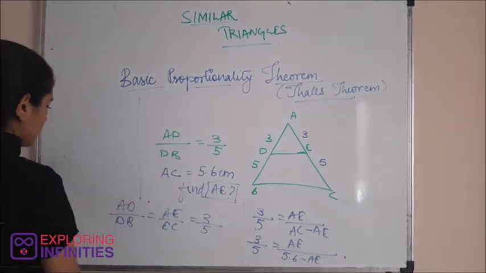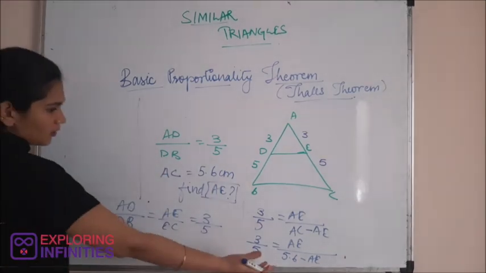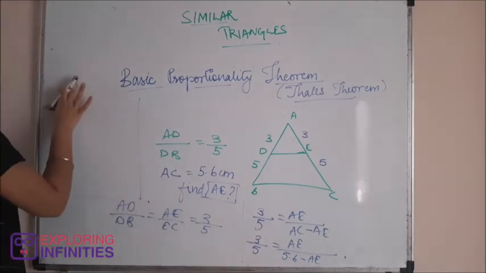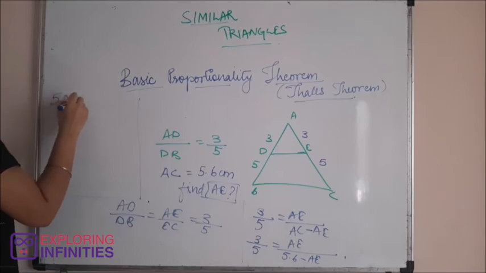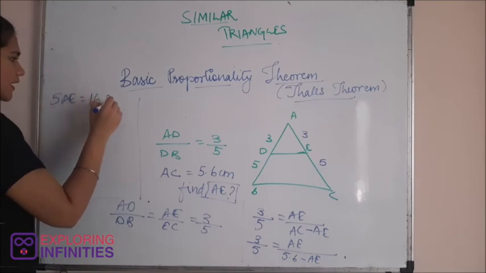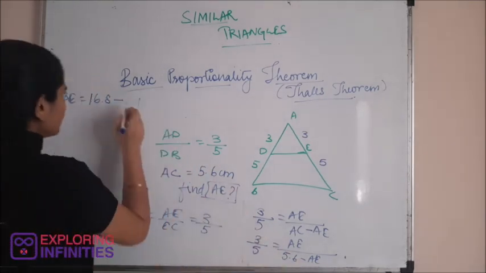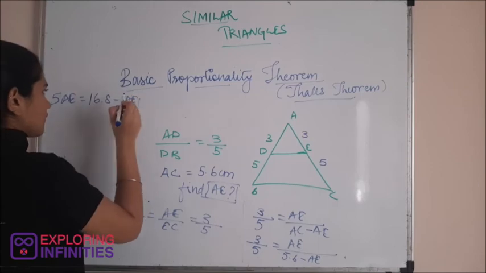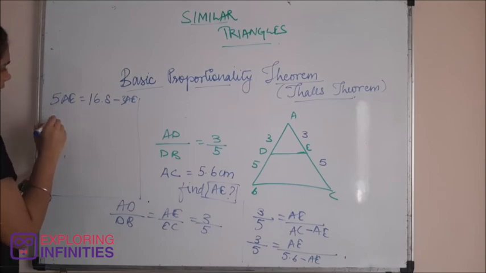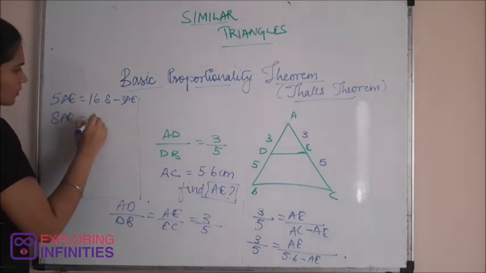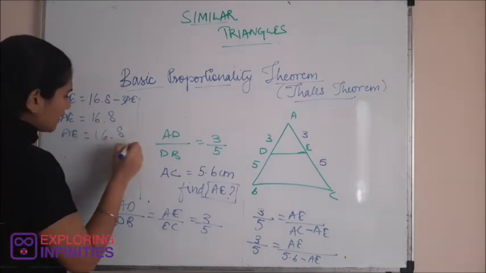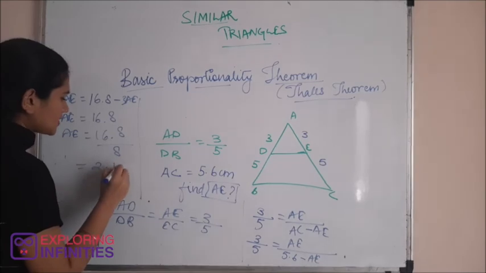If we cross multiply, then 5 AE equals 3 into 5.6, which is 16.8, minus 3 AE. If we take 3 AE this side, then 8 AE equals 16.8. AE equals 16.8 divided by 8, which is nothing but 2.1 centimeter.